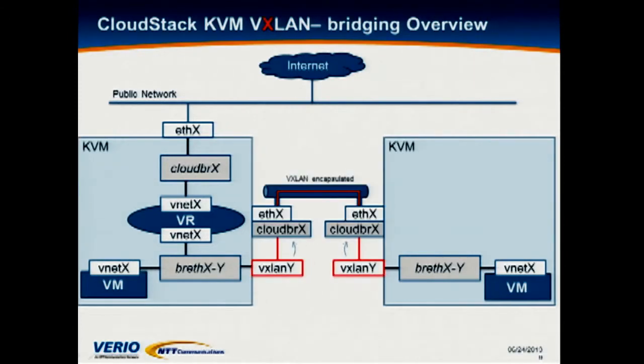And this is what we are trying to implement for VXLAN. It's very similar to the VLAN implementation. There is a public interface and BR EtherX-Y. The difference is we replace the VLAN interface with the VXLAN interface in Linux.